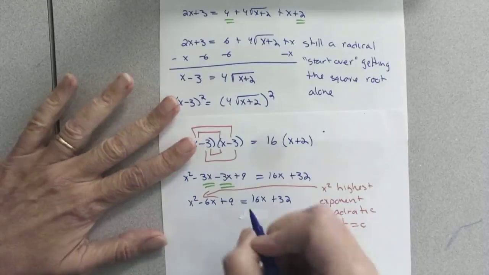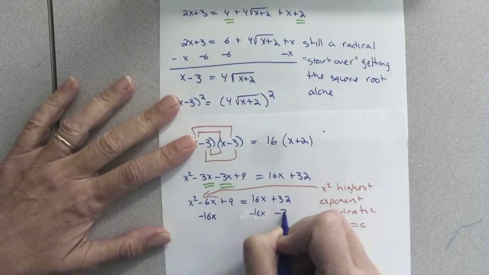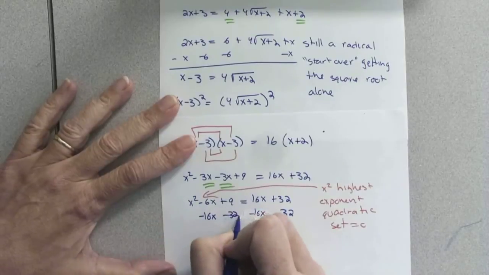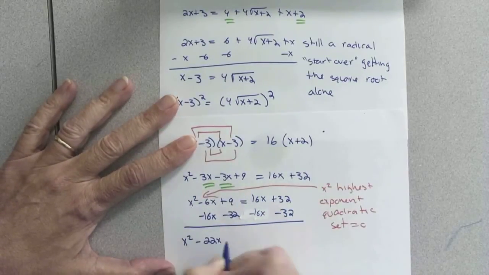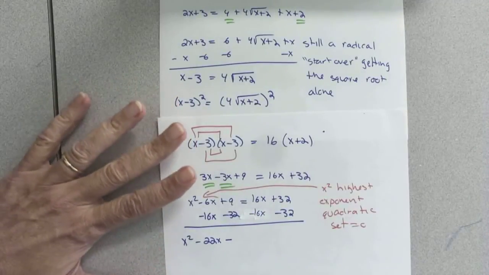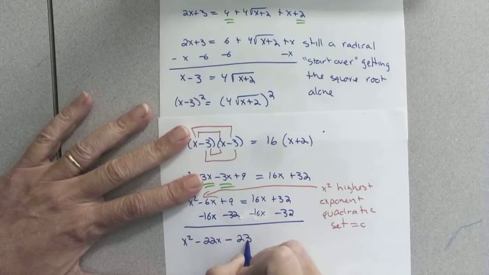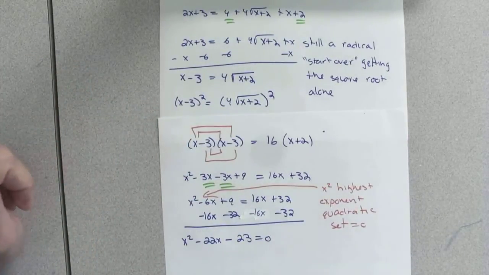Does not matter which side the 0 is on, so I'll just bring everything to the left in this case. And so I get x squared minus 22x minus 23 equals 0.